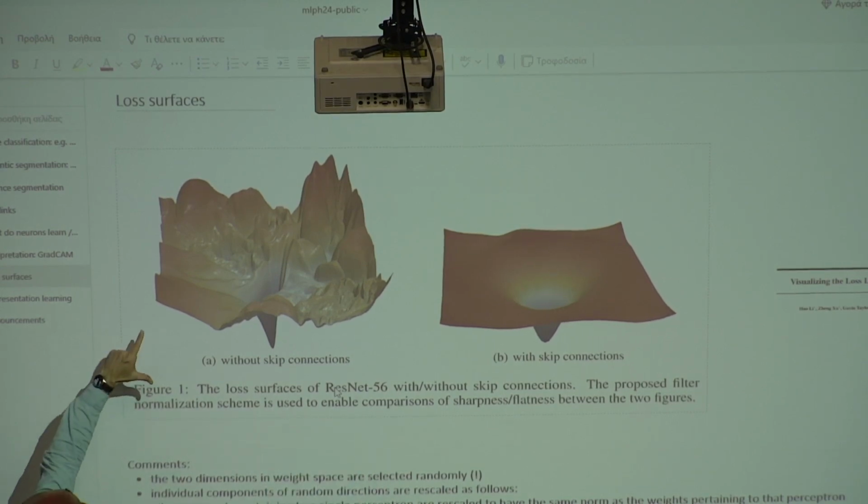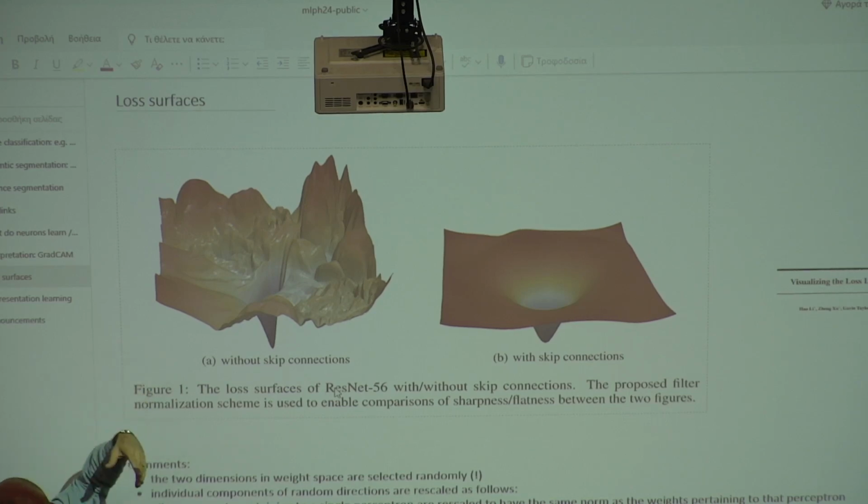What we see in the third dimension is the loss, lower is better. If the network has 1 million parameters, then this loss is a function, for a given training set, which lives in a 1 million dimensional space.